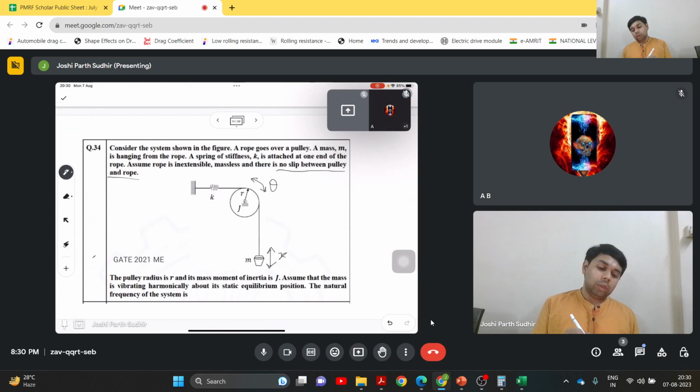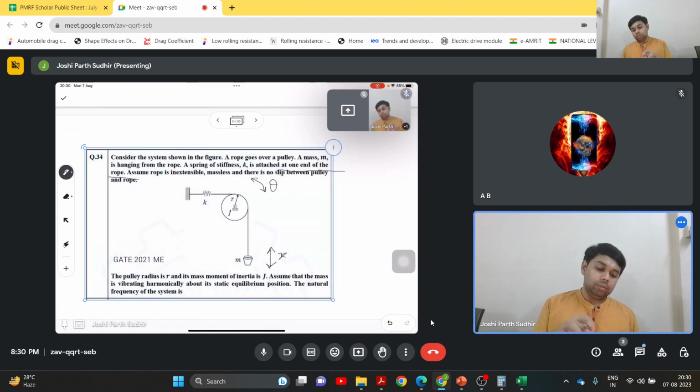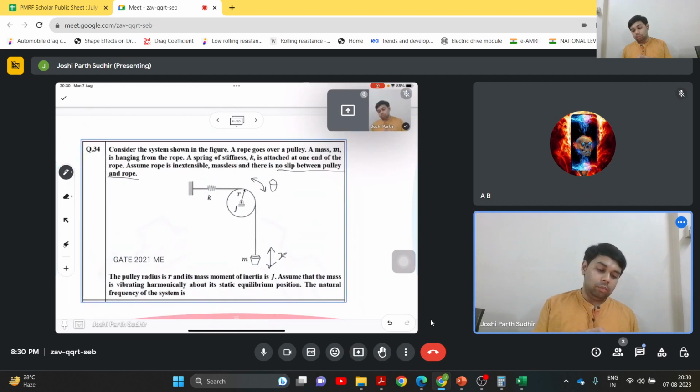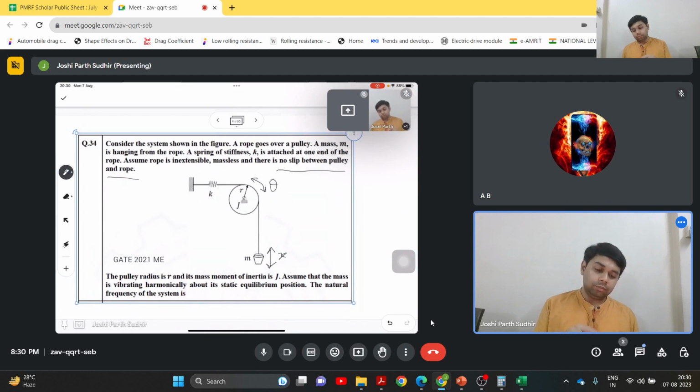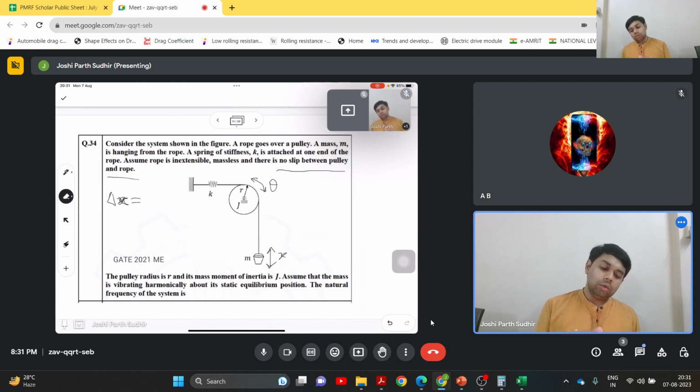Right. So basically, when there is a small change in the displacement, let us say delta x, the pulley rotates by some small angle delta theta.